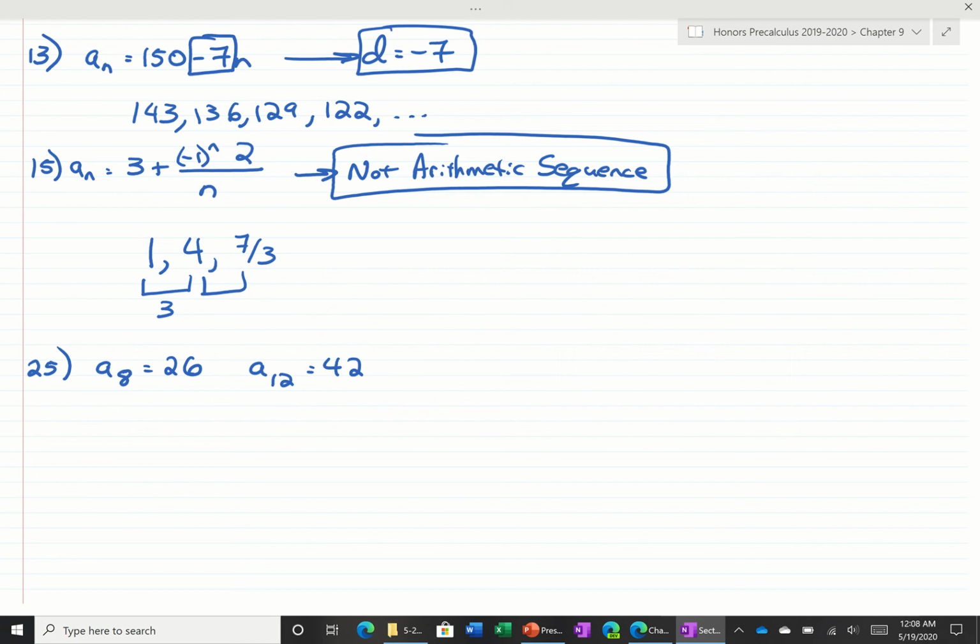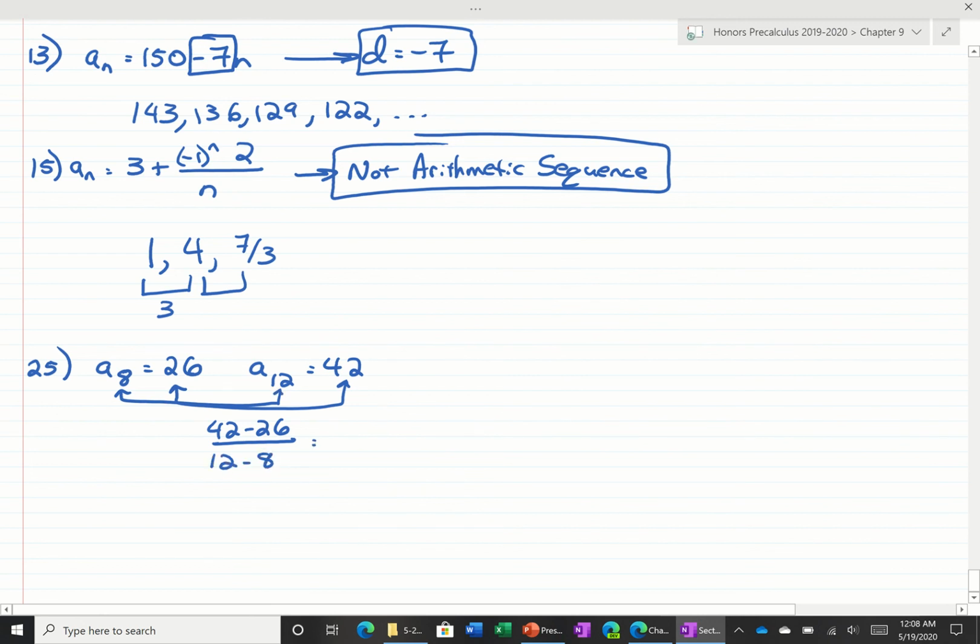The way that we did this in class is we said, what's the difference between these numbers? Difference between 42 and 26, and we have this many numbers to make it up, 12 minus 8. So 42 minus 26 is 16. 16 over 4 is 4. That's our common difference.